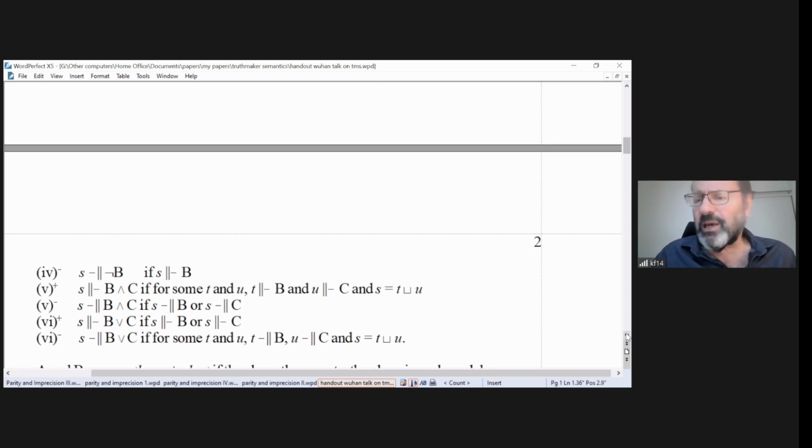That is, the truthmaker for the conjunction will be exactly relevant, given that we have truthmakers for the conjuncts, because this truthmaker will, as a whole, bear upon the truth of B and C, because one part bears upon the truth of B, the other part bears on the truth of C, and there's no more to the state than these two parts.